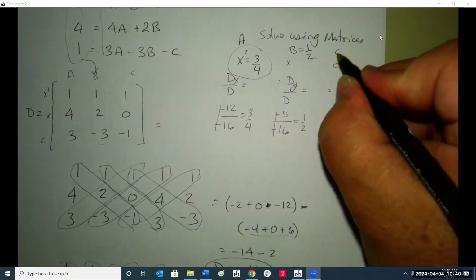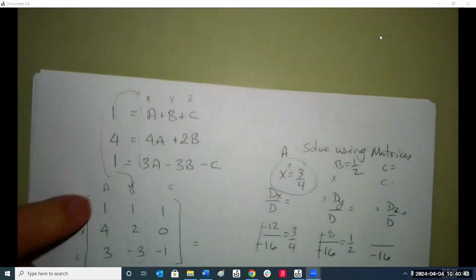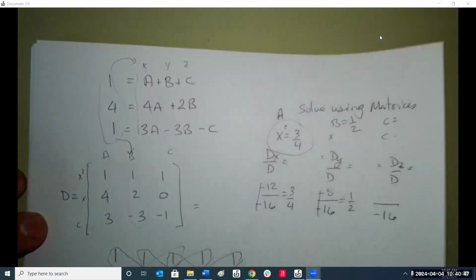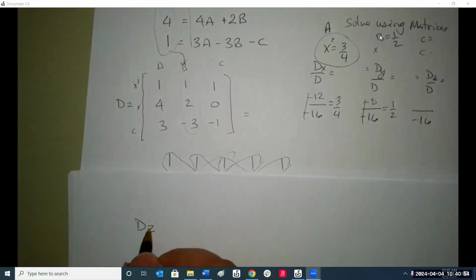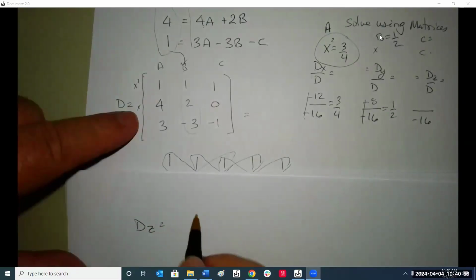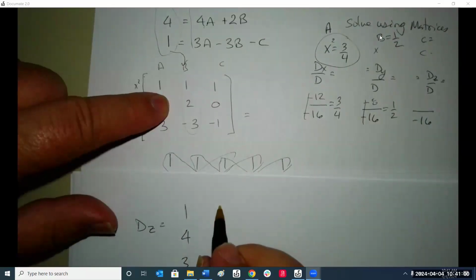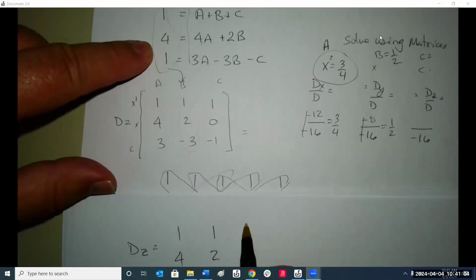Now I'm going to do my c value. Again, for the c value, I leave the first two alone, put the answer in the third. So this is dz, which is take the first one, leave it alone. Take the second one, leave it alone. Now put the answer in place of the third one.